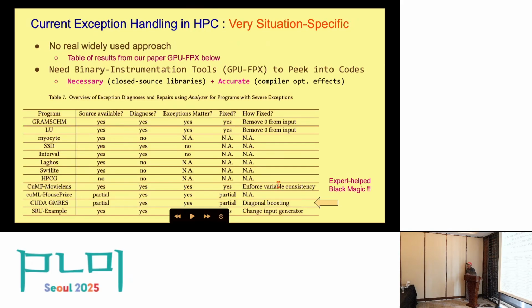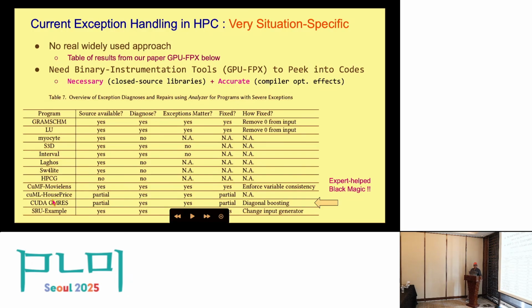With HPC, what we observed in a 2023 paper at HPDC was when we deployed a binary instrumentation tool that we developed at the SASS level and applied it to several benchmarks that are getting ported to run on GPU.